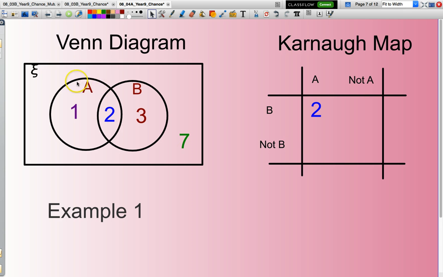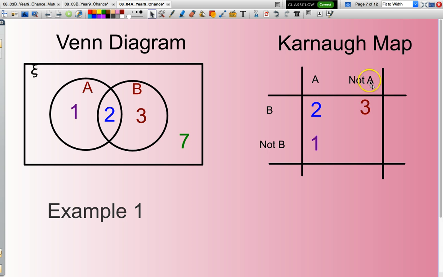Well, in A but not in B is just that one there. Okay, how many are not in A but they're in B? So I don't want to include the ones that are in A. They're not in A but they're in B, so it's just those 3 there.